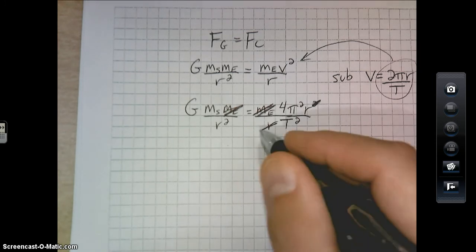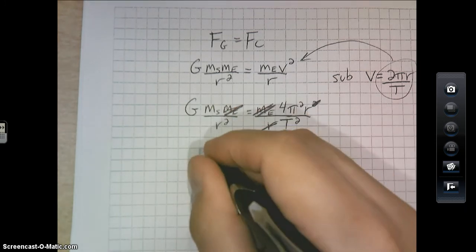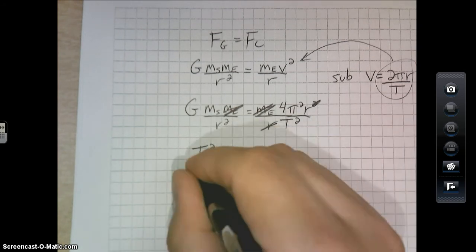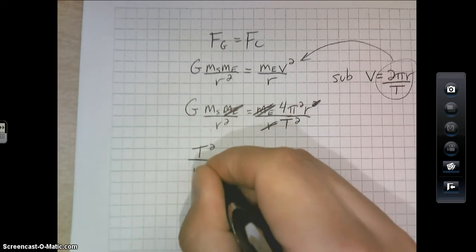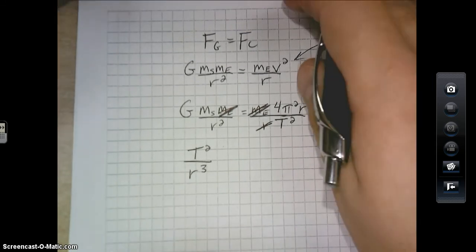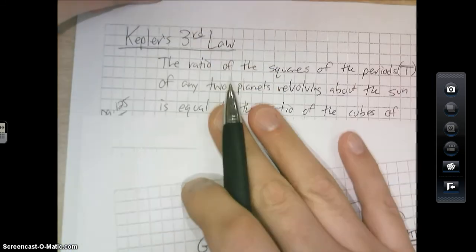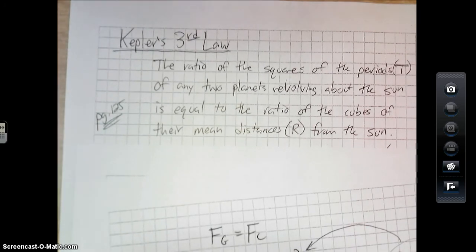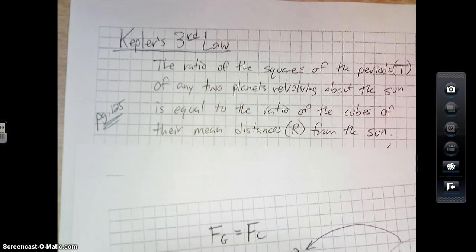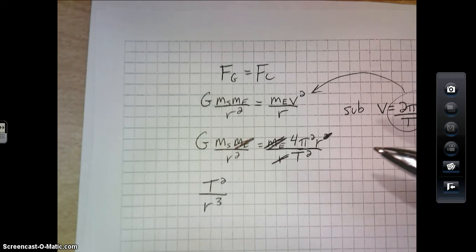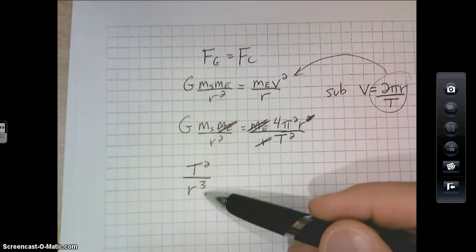So I'm going to bring the T squared over. I'm going to bring this r down. So as of right now, if you remember what I said about Kepler's third law, let's go back to it here. It says the ratio of the squares of the period of any two planets revolving about the sun is equal to the ratio of the cubes of their mean distances from the sun. Now you already notice that I've got T squared and r cubed. That's good.